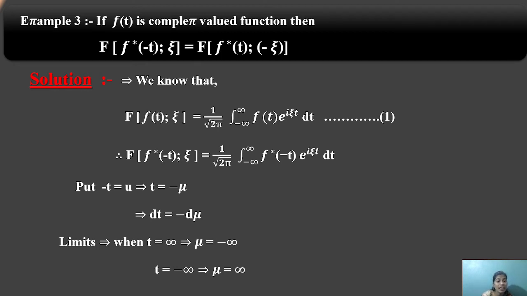Because we take minus t equal to u, that means t equals minus u. Differentiating, dt equals minus du. Similarly the limits change: when t equals infinity, u equals minus infinity, and when t equals minus infinity, u equals infinity.